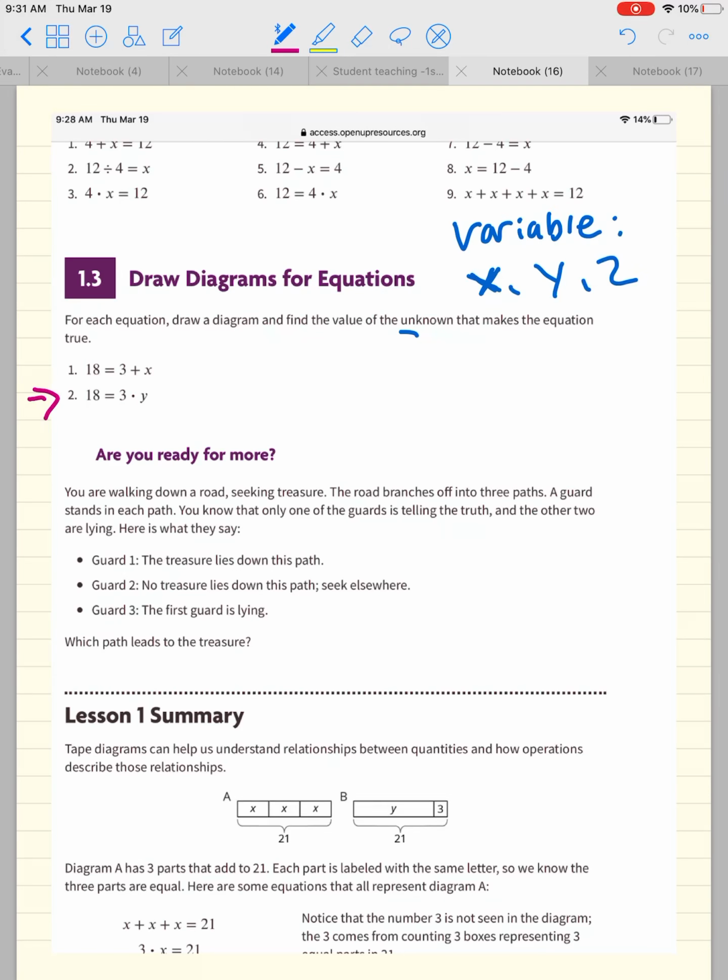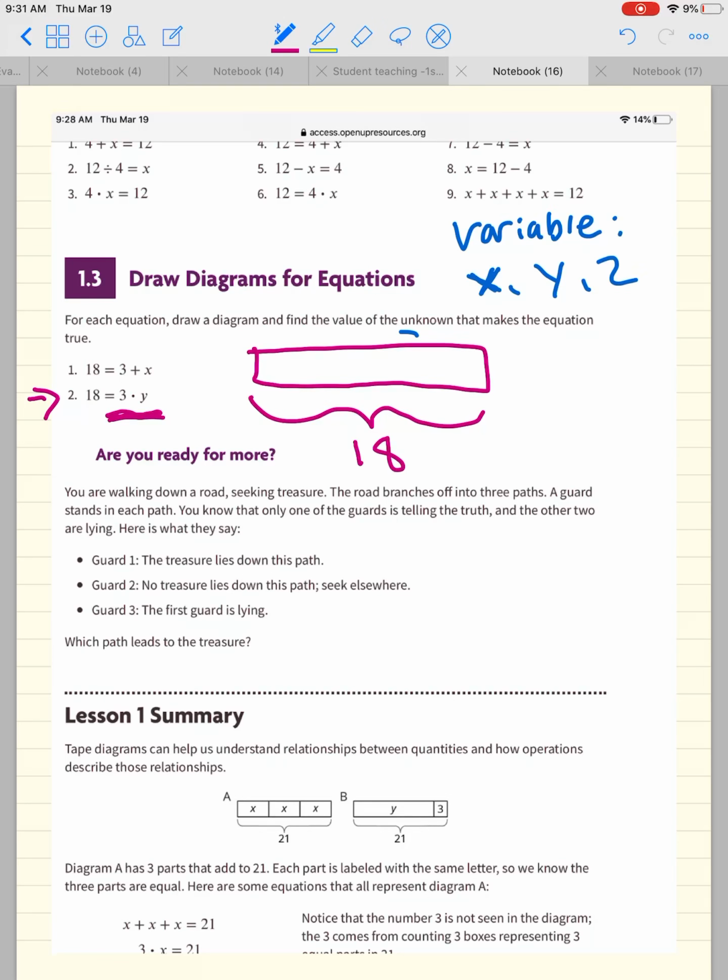the second one is representing multiplication. So as we know, multiplication is repeated addition. I'm going to go ahead and draw my tape diagram and label it as a total of 18. Now, here's where it gets a little trickier.